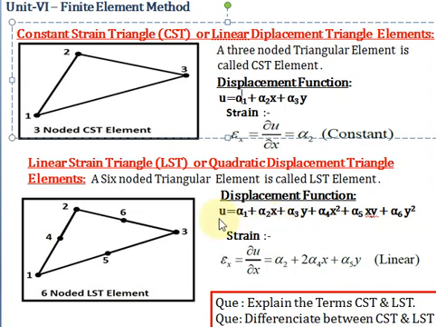If you take the derivative with respect to x to find the strain, it will be alpha 2 plus 2 alpha 4x plus alpha 5y. This is nothing but the equation of a line, so it is called a linear strain triangle or LST. The other name is quadratic displacement triangle element. Many times in the exam this question is asked. It is a very important question.